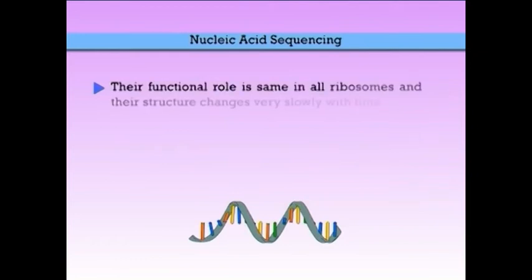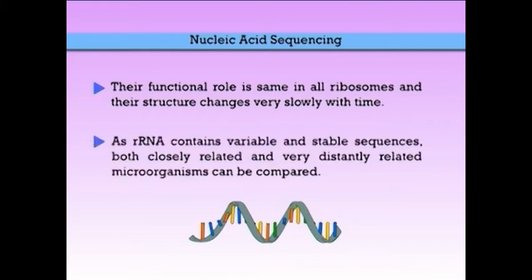Its functional role is the same in all ribosomes and its structure changes very slowly with time. As ribosomal RNA contains variable and stable sequences, both closely related and very distantly related microorganisms can be compared.